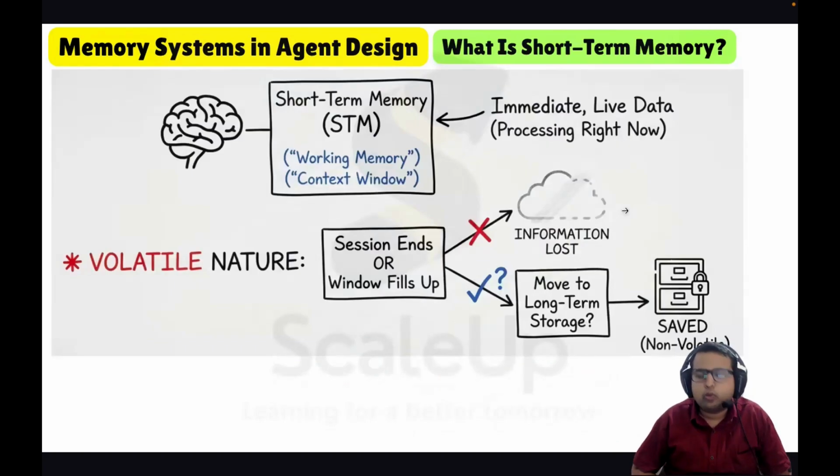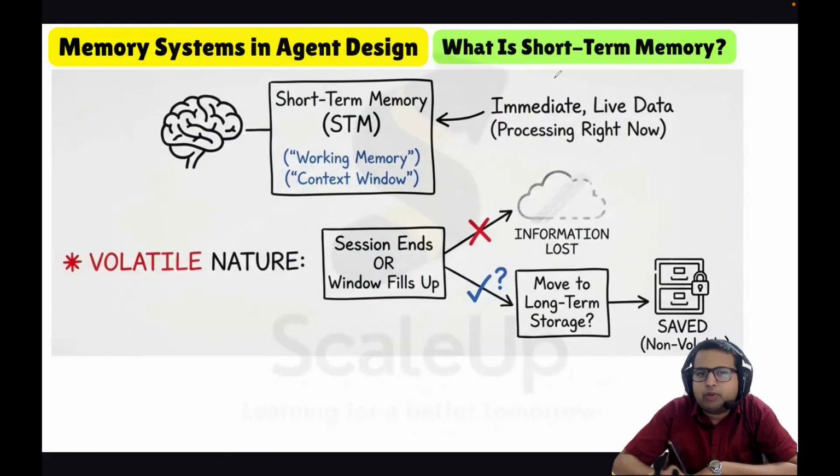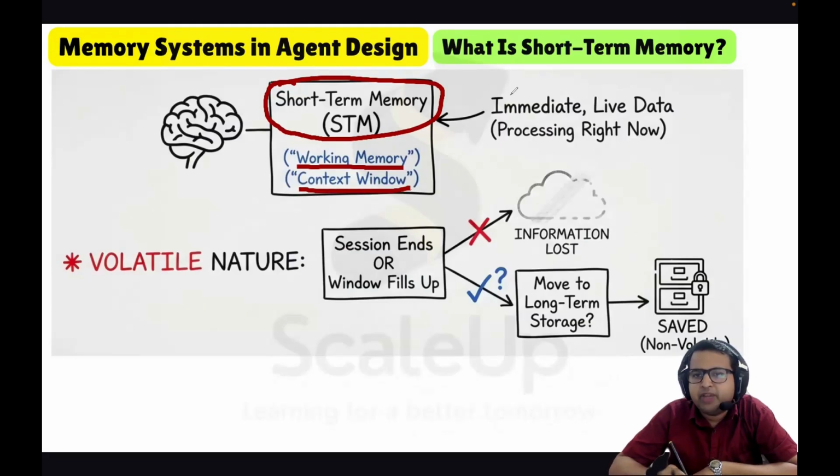Now let us look at what exactly is short-term memory. Short-term memory is often called working memory or context window. It is the immediate live data the agent is processing right now.